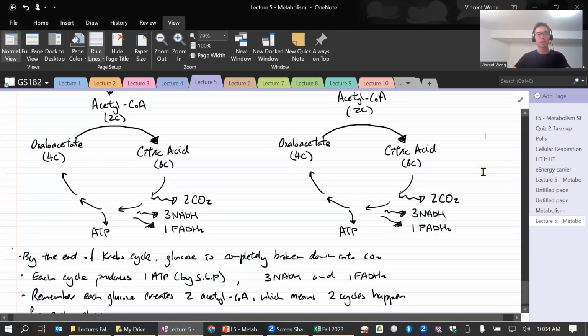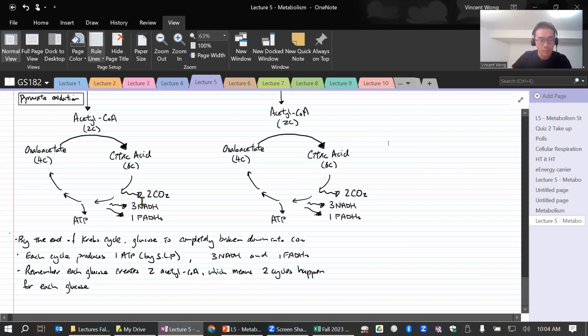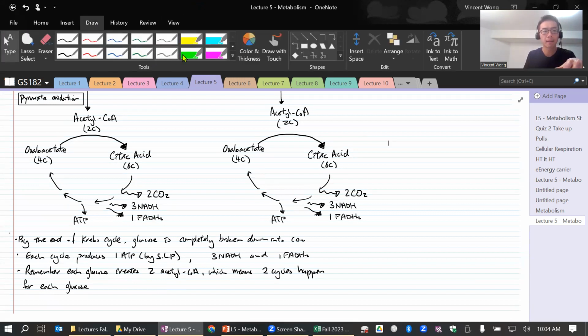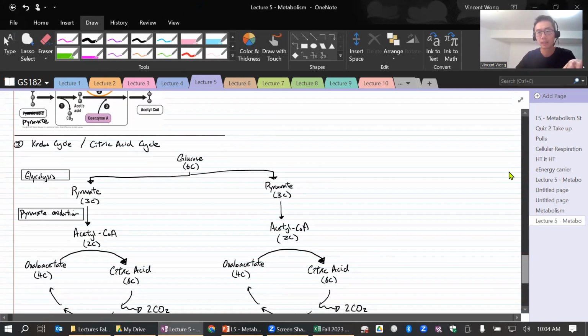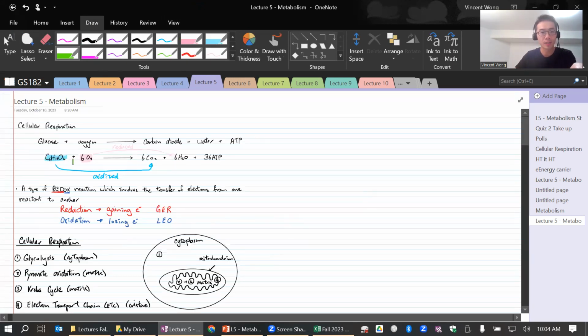All right. So each cycle makes 3 NADH, 1 FADH2, and 1 ATP. But per glucose, you will have 6 NADH, 2 FADH2, and 2 ATP. Okay, so let's take a look at the carbon dioxide here. Remember the overall formula? C6H12O6 plus 6 oxygen produces 6 carbon dioxide, right?